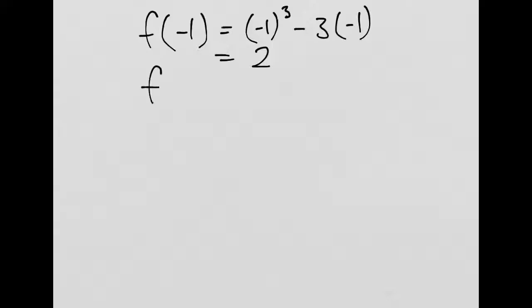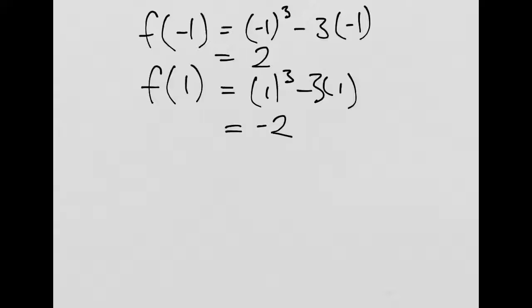And then f of 1 is going to equal 1 cubed minus 3, which is going to equal minus 2. So then we know what our stationary points are and where they are on our graph.